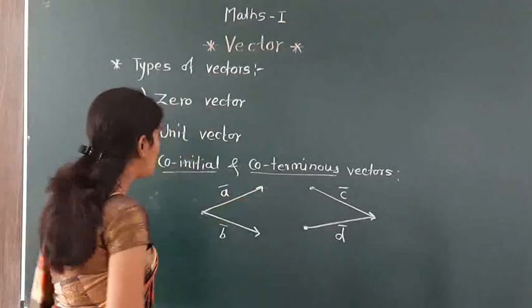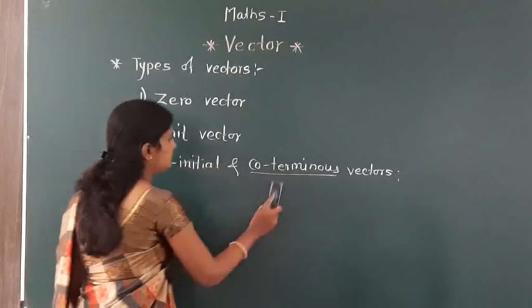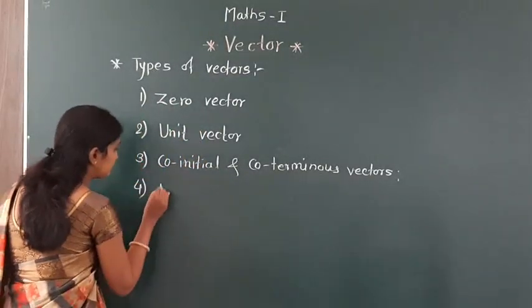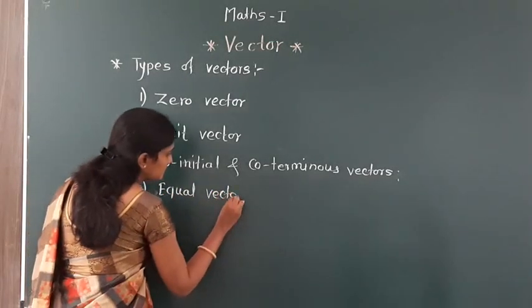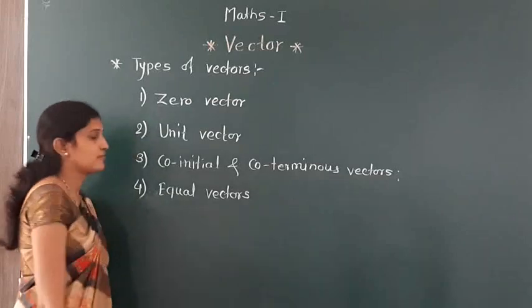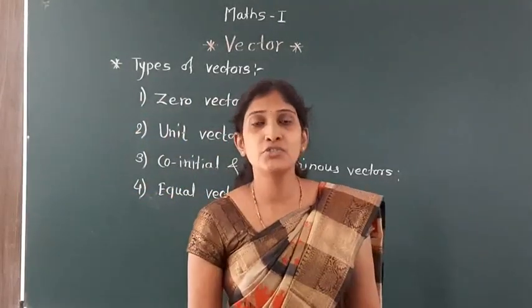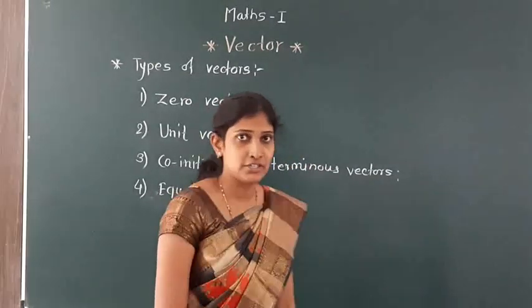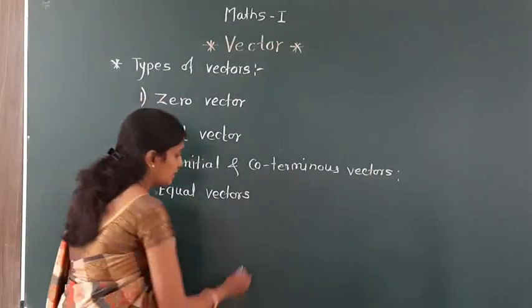Now next type is equal vectors. What are equal vectors? The vectors whose magnitude and direction are the same.